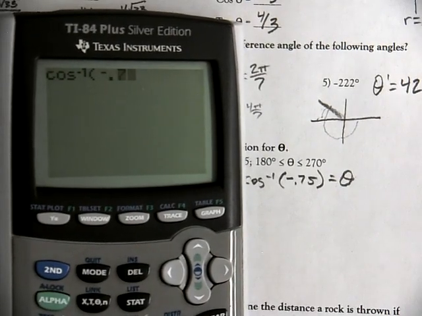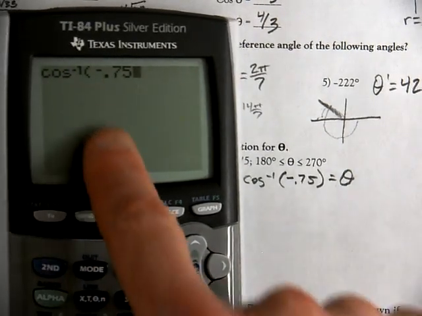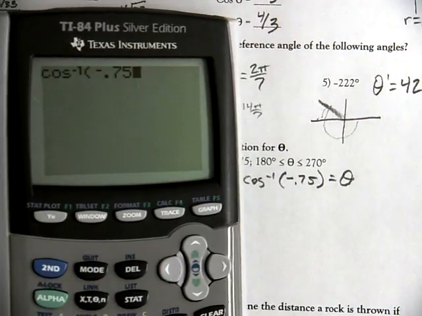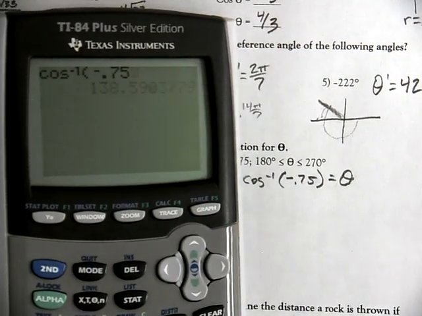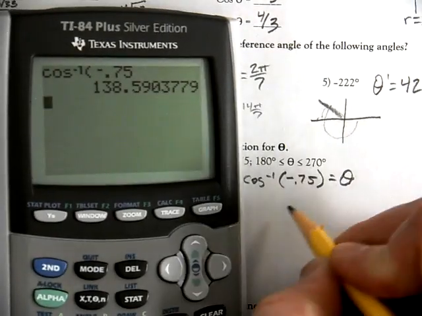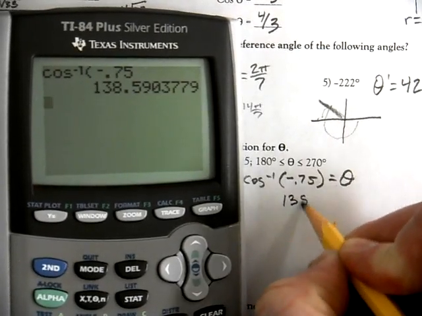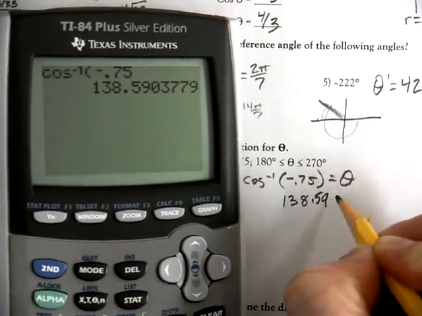So negative 0.75, cosine inverse, we're looking for the angle. So that's going to be 138 degrees, 0.59.